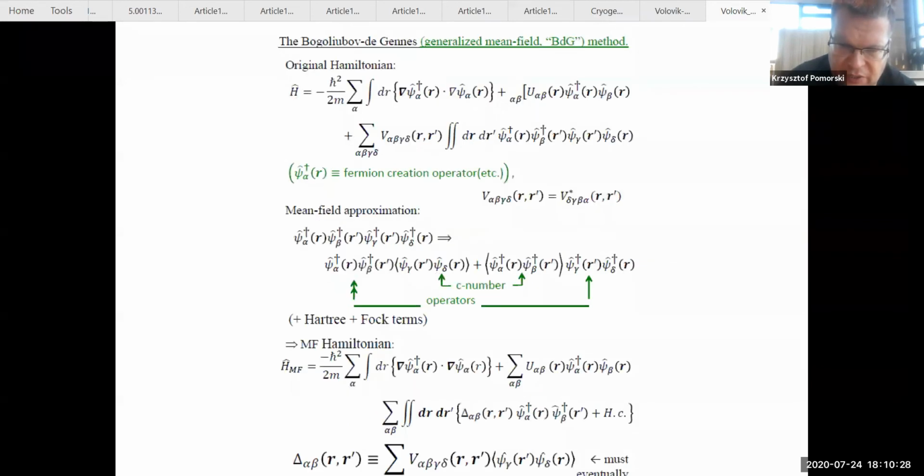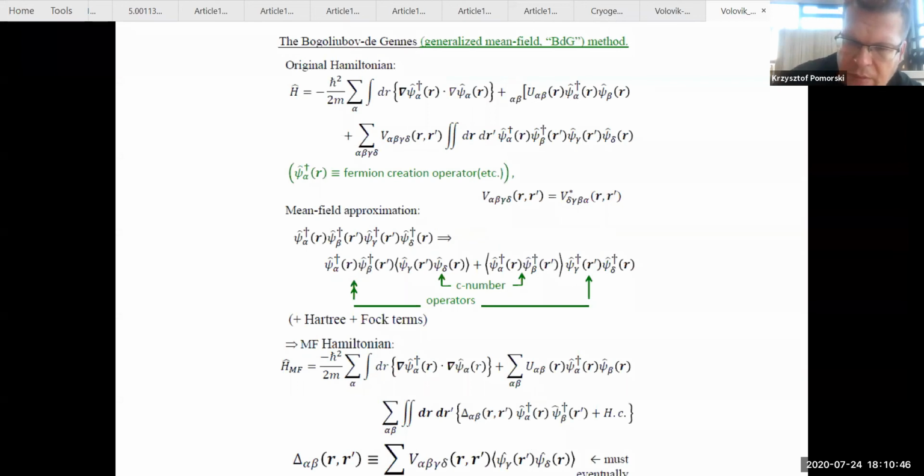So having equations of that form, a mean field Hamiltonian, what happens is that you can actually go to the next level.